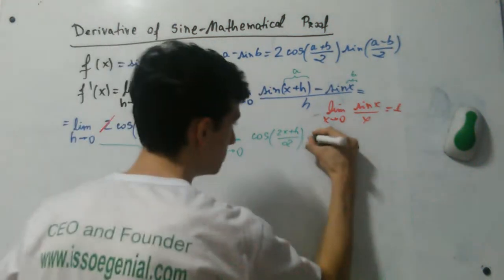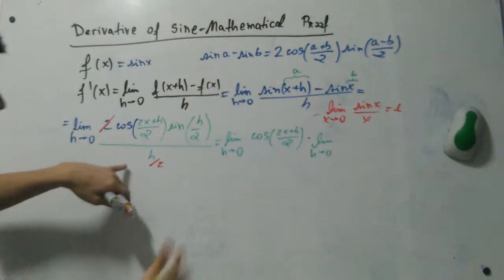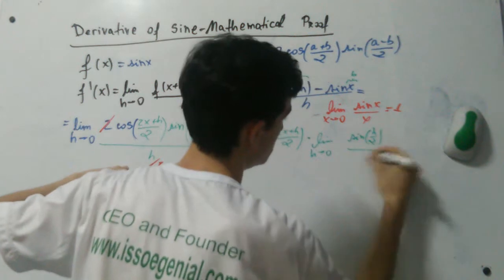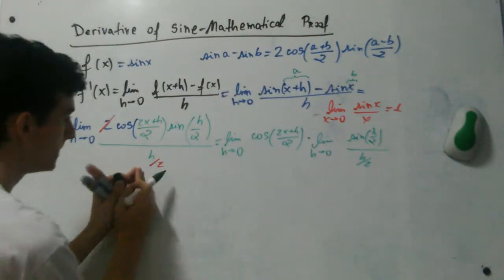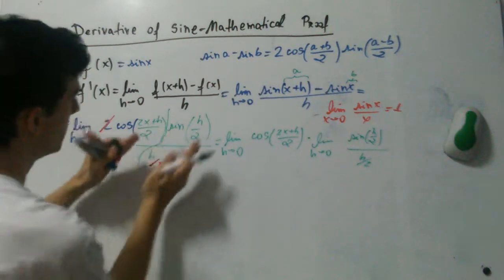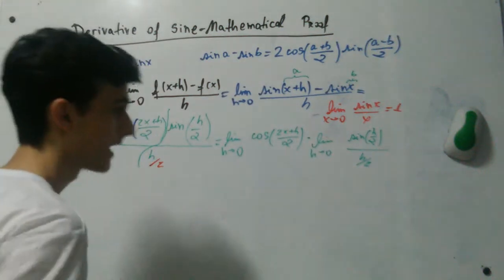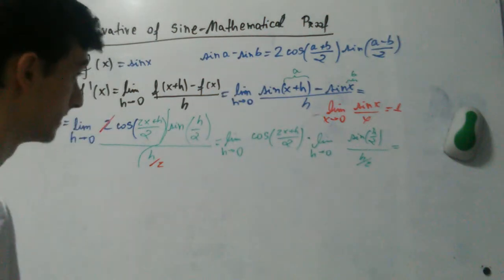And then we're going to multiply by the limit when h approaches 0 of sine of h over 2 divided by h over 2. So we split this limit up. This is the first factor, this is the second factor. This is one of the properties of limits that we can use here.